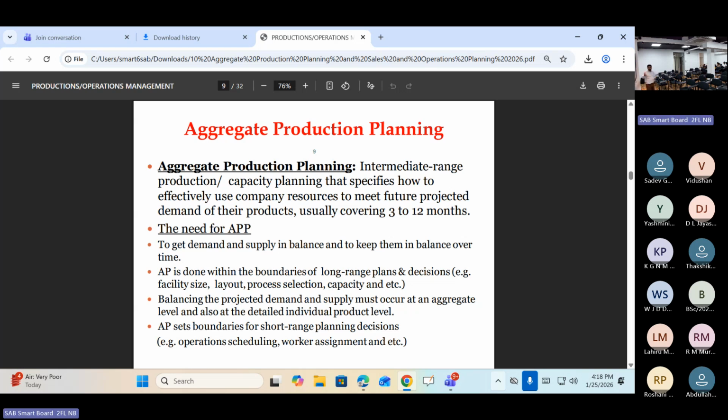Based on the resources you have, the factory sizes, layout, process styles you use, and the capacities you have, you do the aggregate production plan. So there you plan how to utilize the existing resources in the best possible manner.